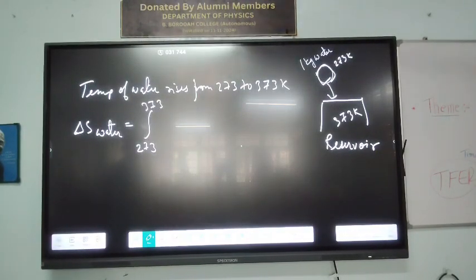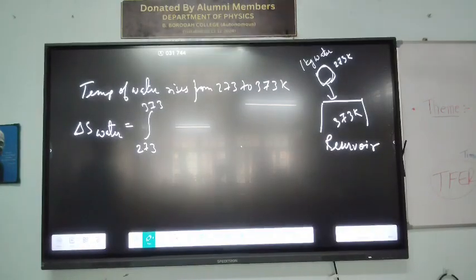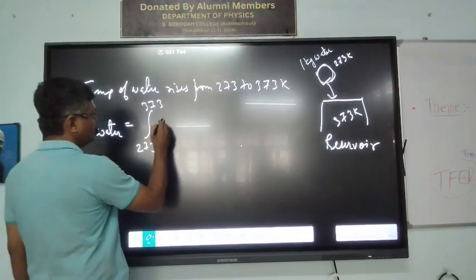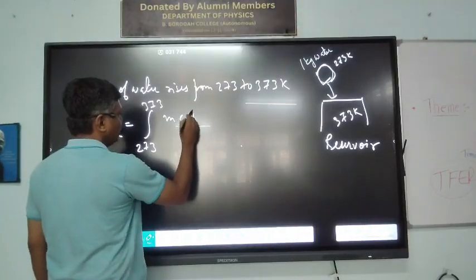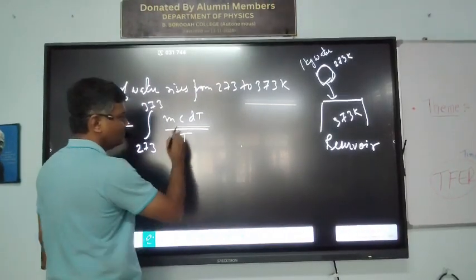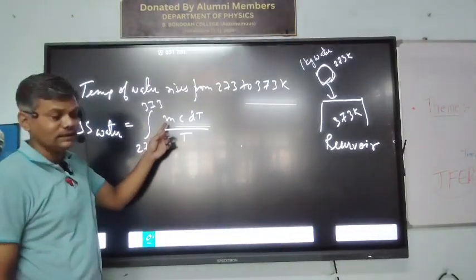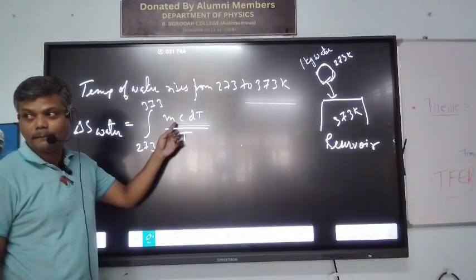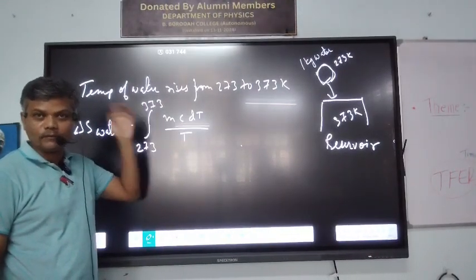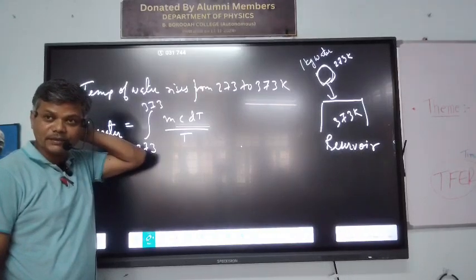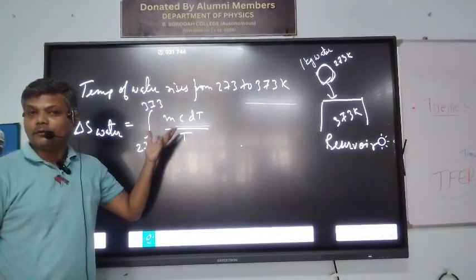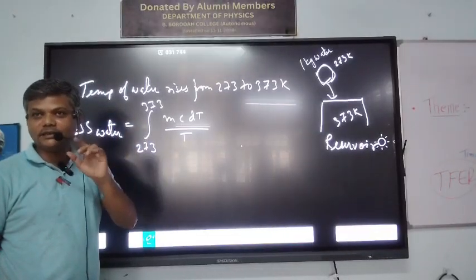Tell me the formula. Ms dt. So m s dT means m c dT. Now m is equal to 1 kg, c is equal to how much? c is the given specific heat of water, 1 in CGS unit.